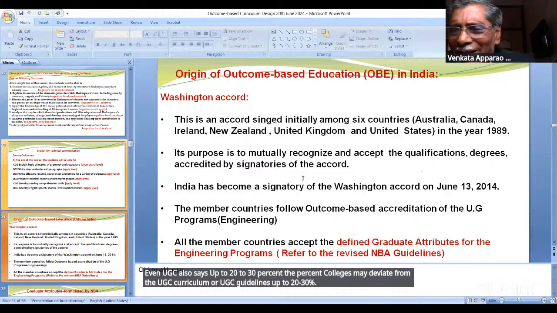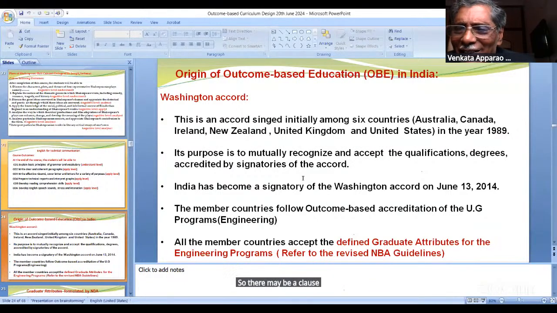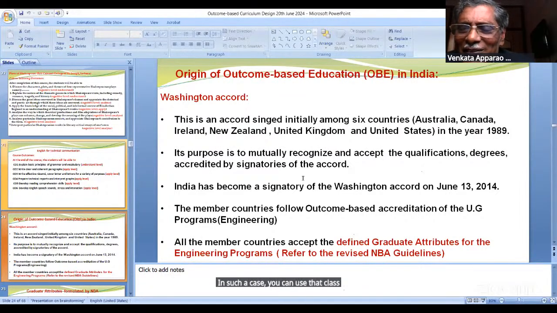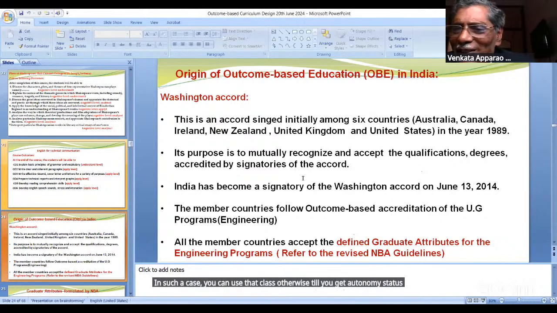So there may be a clause in the university. You try to find out whether that 20% deviation can be allowed. In some of the universities, it is so for affiliated colleges. In such a case, you can use that clause. Otherwise, till you get autonomy status, you simply follow the guidelines.